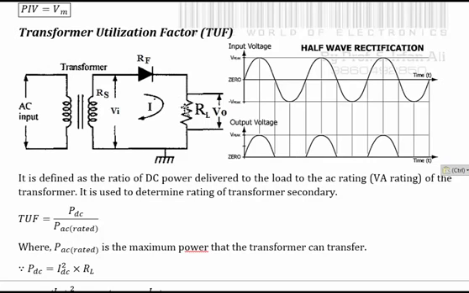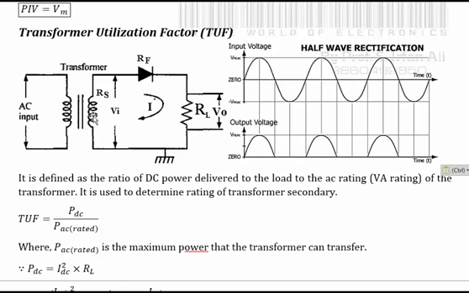So this is the current, and the same current is flowing in the secondary side also, because this is a closed loop. As it is a closed loop, the same current will flow through RL as well as through the secondary of the transformer. When current flows in RL, it also flows in the secondary and in the diode. But if no current is flowing through RL, no current will flow through the secondary, and no current through RF.